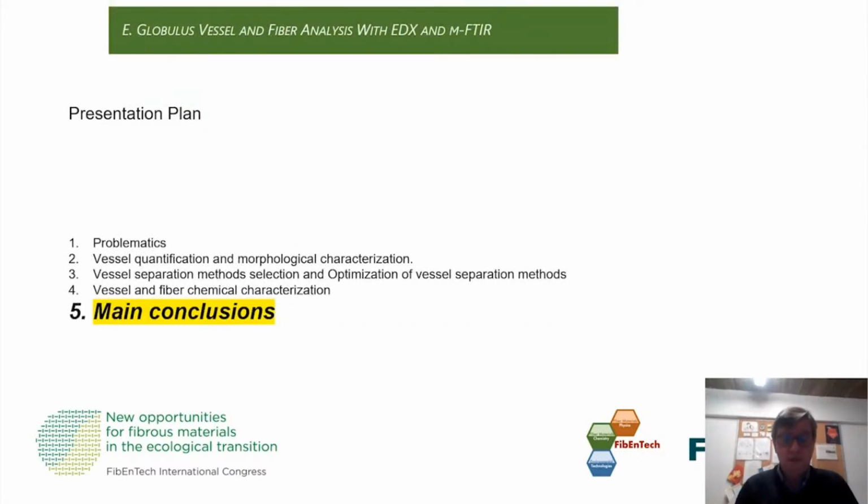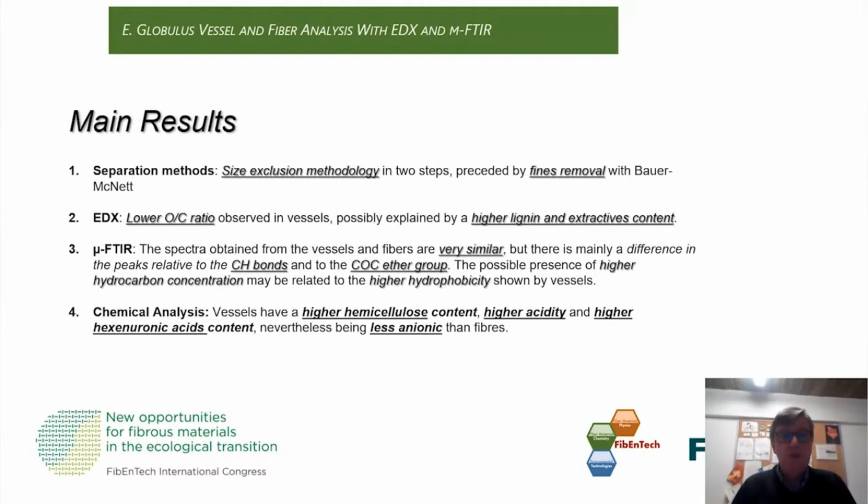I pass on to the main conclusions. In terms of separation methods, it was devised a size exclusion methodology in steps, preceded by fines removal with a Bauer McNett. EDX revealed a lower O/C ratio observed in vessels, possibly explained by higher lignin and extractives content.